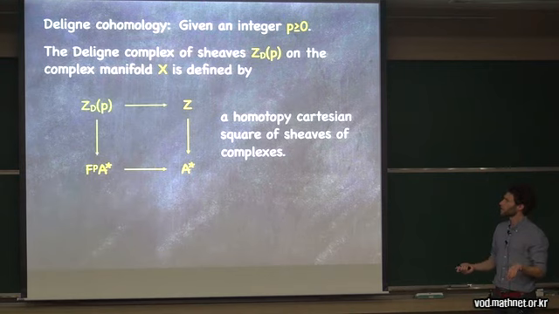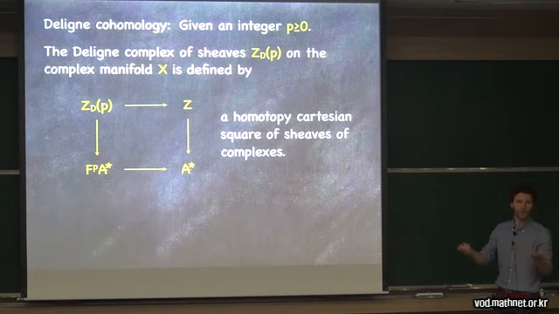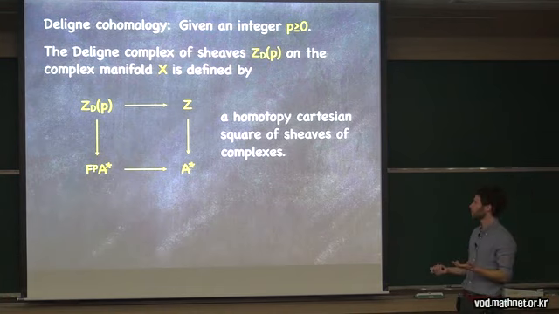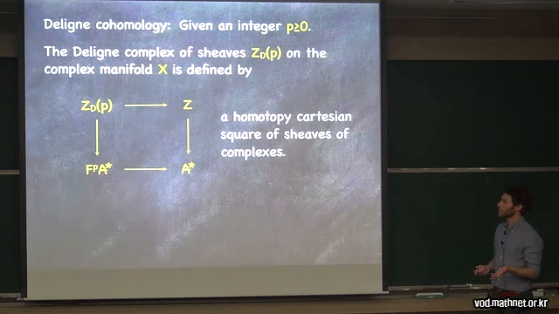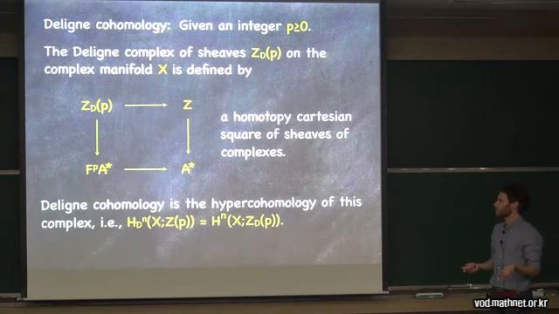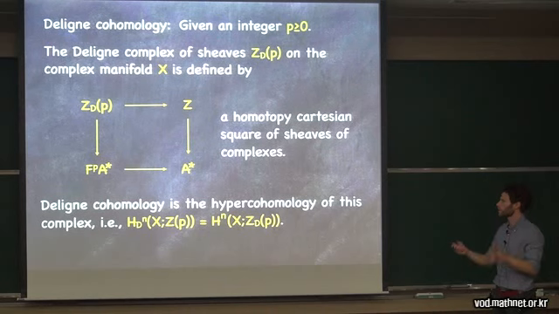And then we take the homotopy pullback, or if you want, just the pullback of that diagram as sheaves of complexes. And that's the Deligne complex. And then you define the Deligne cohomology as the hypercohomology, or just, if you want, cohomology of that complex.